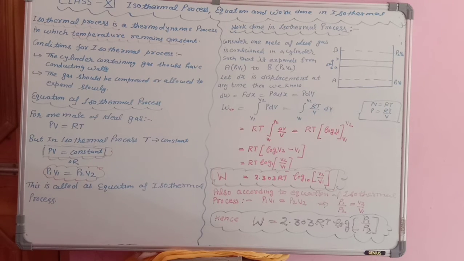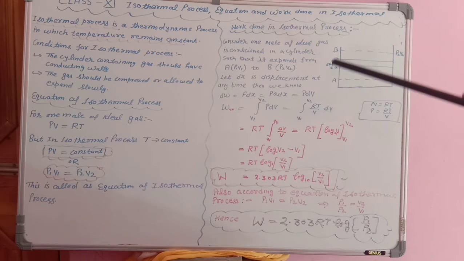So now let us proceed towards the second side of the board, that is work done in isothermal process. Work done in isothermal process means we will calculate the expression for W. Already we have calculated work done during expansion, and now we will calculate work done in isothermal process. Students, the diagram will remain the same.